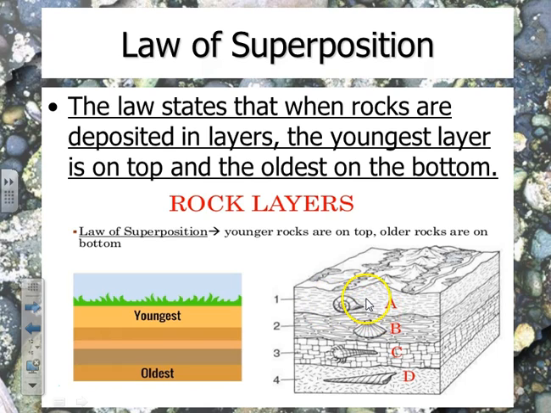Fossil A would be a younger fossil than fossil D. Fossil A would be the youngest fossil. Fossil D would be the oldest fossil. I want you to think about other areas of science where we could use the law of superposition, and we'll discuss that.